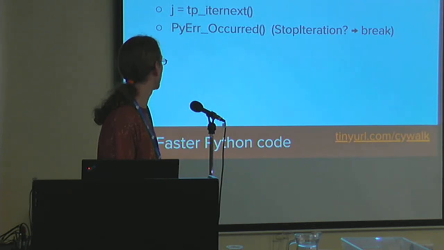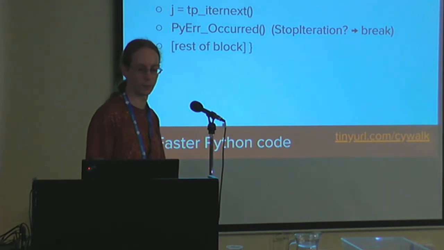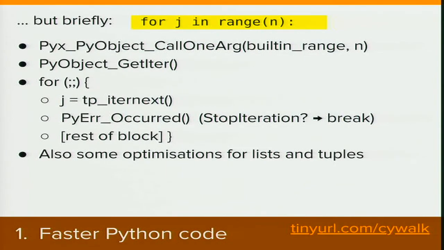If there was an error and it was a stop iteration, then we have to break. Otherwise, we actually finally get on with the rest of the block. That's obviously a lot more work than a standard C for loop. There's also a lot of optimizations in that big block of code I showed you that deal with lists and tuples, as Python has some faster APIs to get into those.